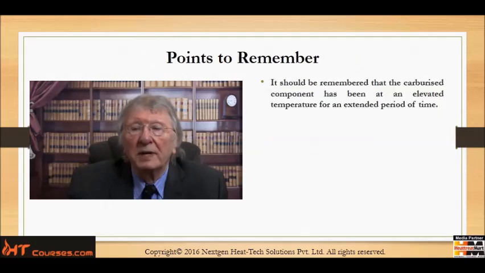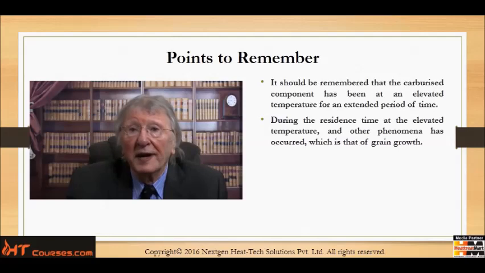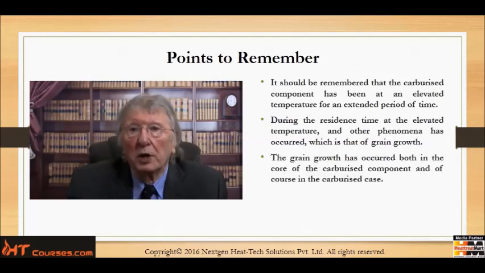It should be remembered that the carburized component has been at an elevated temperature for an extended period of time. During its residence time at the elevated temperature, another phenomenon has occurred, which is that of grain growth. Grain growth will occur due to the varying cycle time lengths of the carburizing process. It does not matter what method is selected, grain growth will occur.